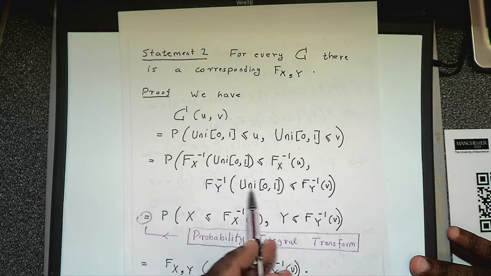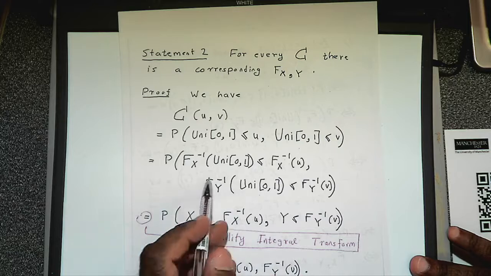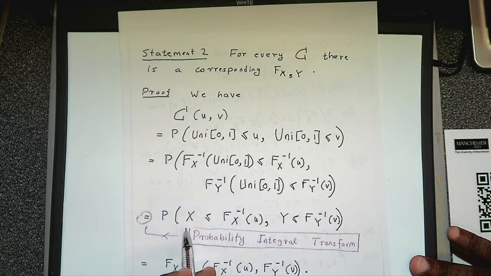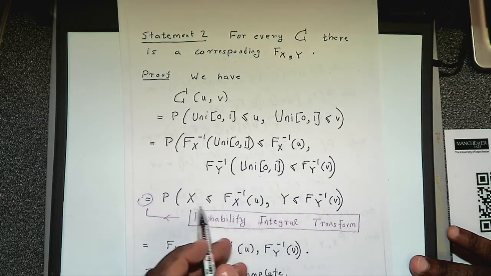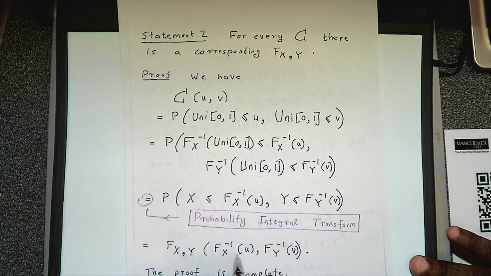And similarly, this guy here must be equal to y. All right, so this reduces to this because of the probability integral transform.